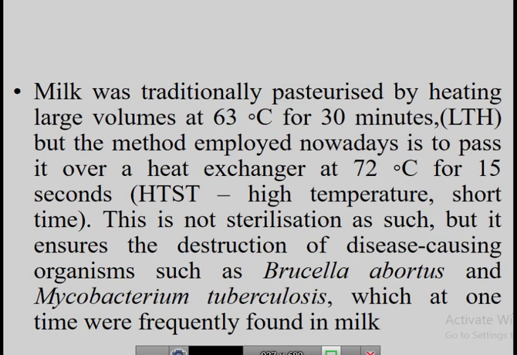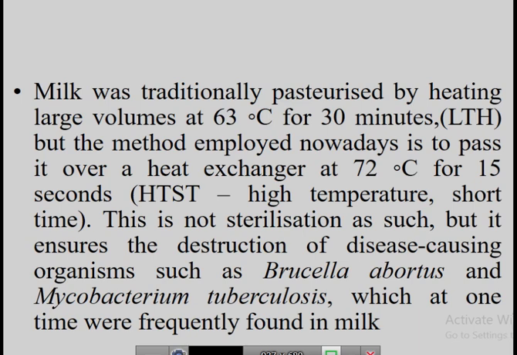That is HTST. Remember, as I told you, this is not the actual method of sterilization, but it ensures the destruction of certain disease causing microorganisms which can be frequently present in the milk as a result of contamination. Examples of these pathogenic microbes include Brucella abortus and Mycobacterium tuberculosis.